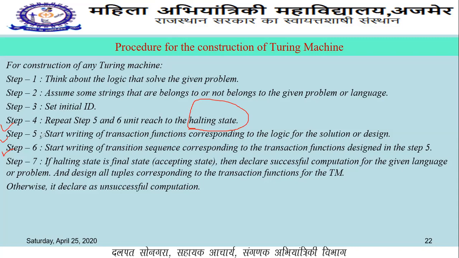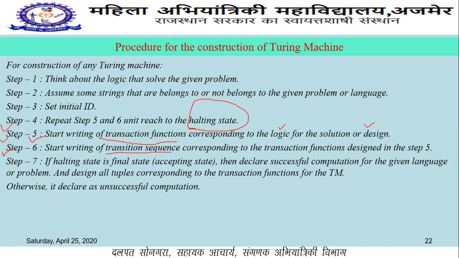And in step 5 we try to design a transition function corresponding to the logic, means a solution or a design for a particular problem. So these transition functions are designed further, and the idea of designing this transition function always comes from the transition sequence.